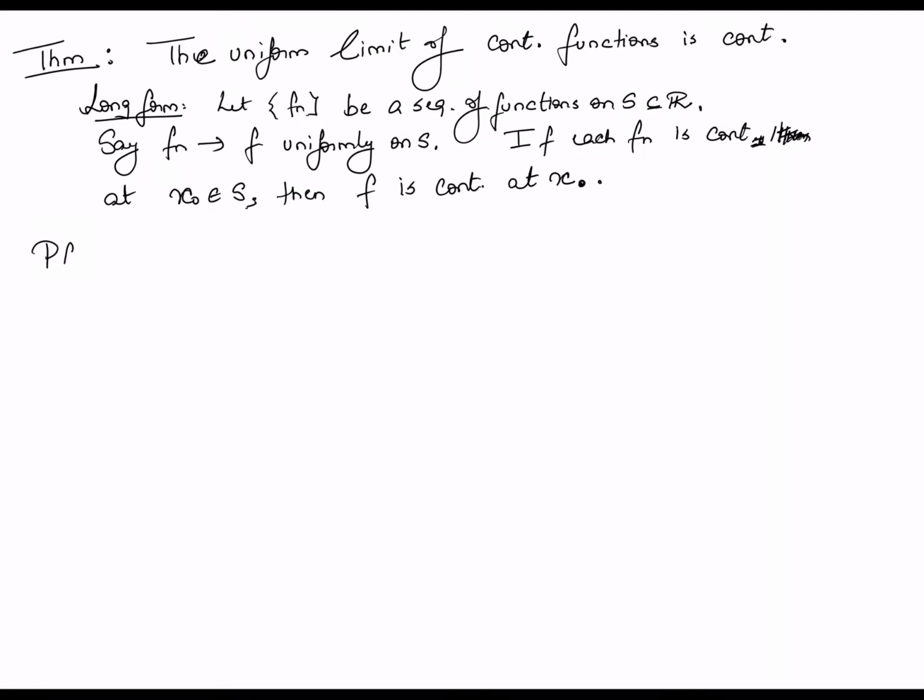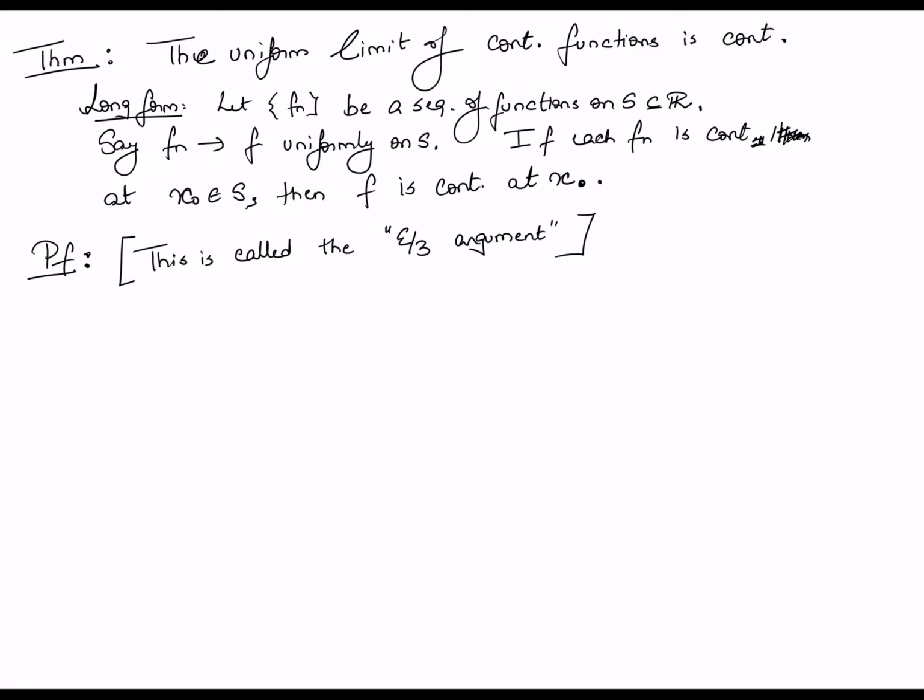So this is actually a fairly elementary proof, but this idea of the proof is used all over the place. This type of idea is typically called the epsilon by 3 argument. And we'll see why.